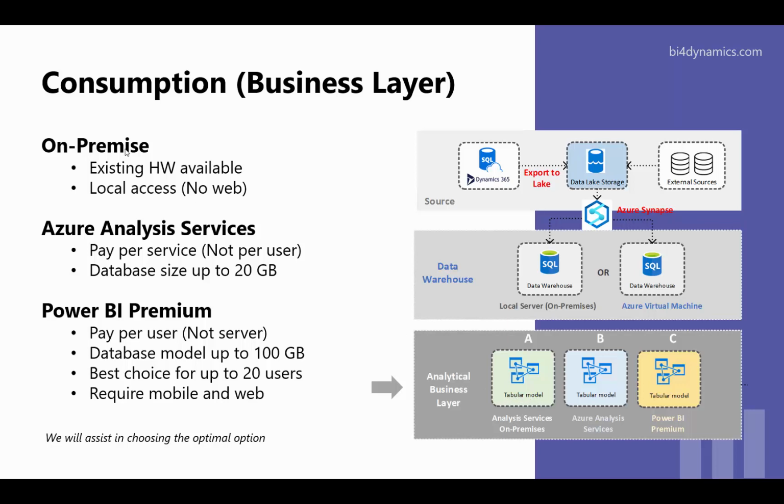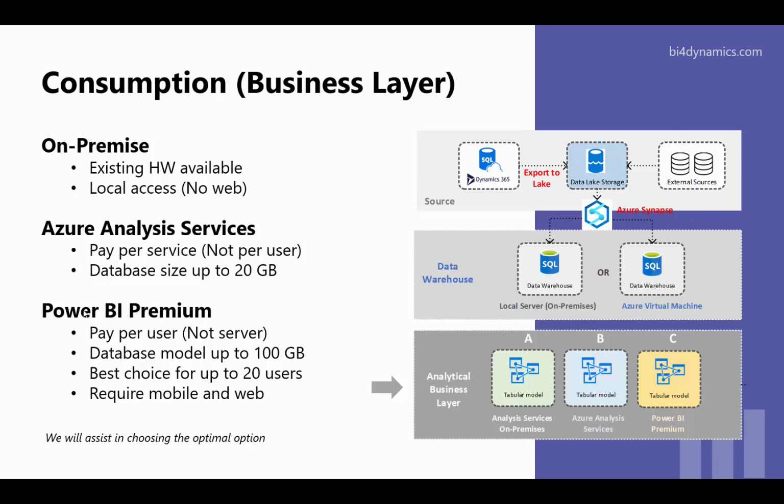It can be on premises, where Analysis Services is available on existing hardware, and the access is of course local, no web access. If we decide to host Analysis Services by Microsoft, then we would pay per service, not per user, and depending on the data size and the query performance that we have to provide to our users, we would select the right service.